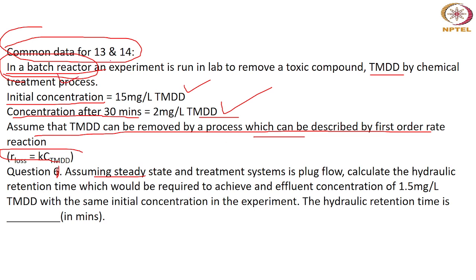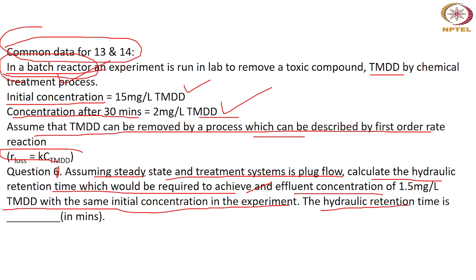It was done in a batch reactor, and you have to find out for a plug flow reactor the hydraulic retention time required to achieve an effluent concentration of 1.5 mg per liter of TMDD, with the same initial concentration as in the experiment. So you have to find the hydraulic retention time in minutes, right? That is the question.